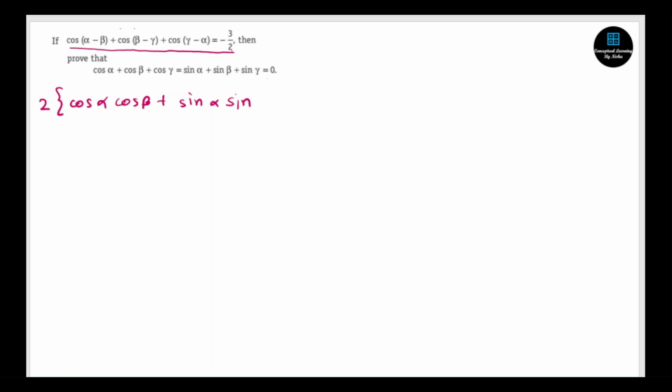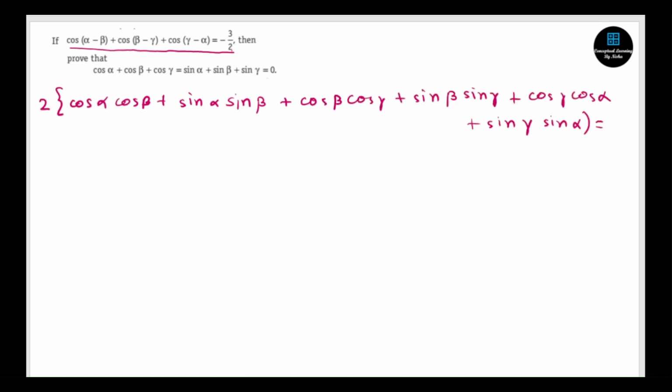I have applied the cos formula. Alright, plus same way cos beta cos gamma is equal to negative 3. Now see what will happen when I multiply them by 2. And then I'll bring this negative 3 on the left hand side.